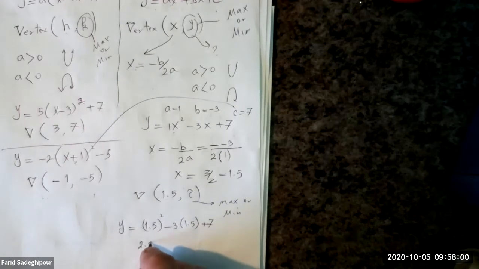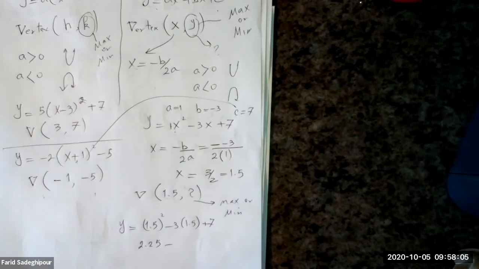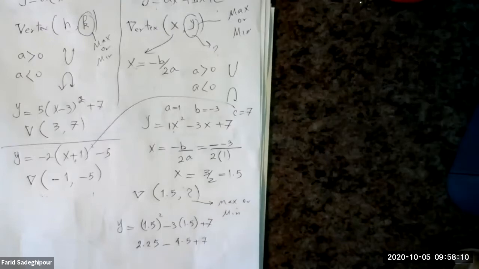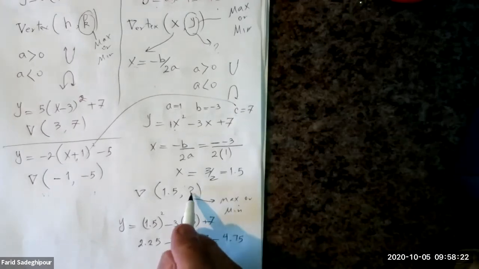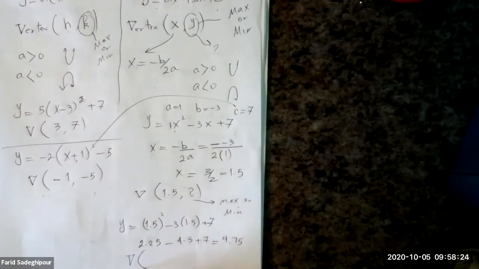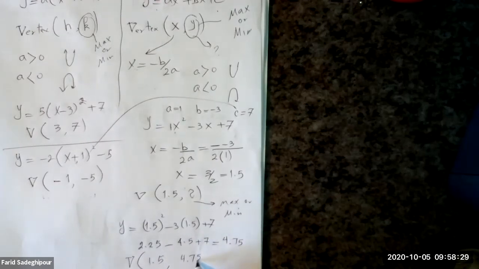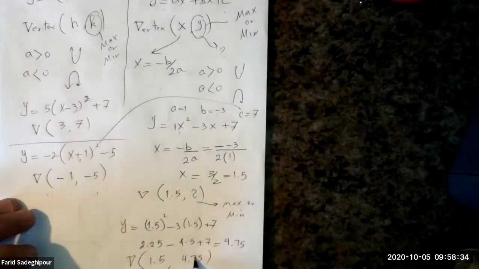So it's 2.25 minus 4.5 plus 7. So this 4.75 is your k, the number that you put here. This number is your maximum or minimum.